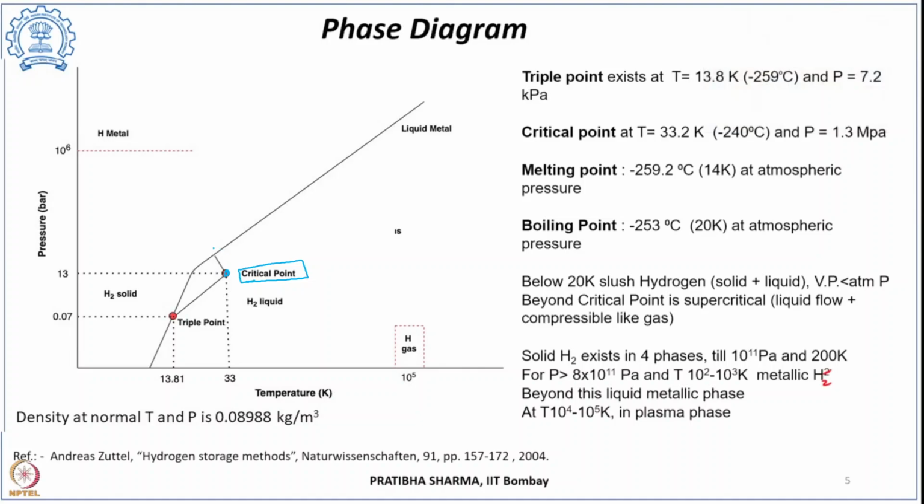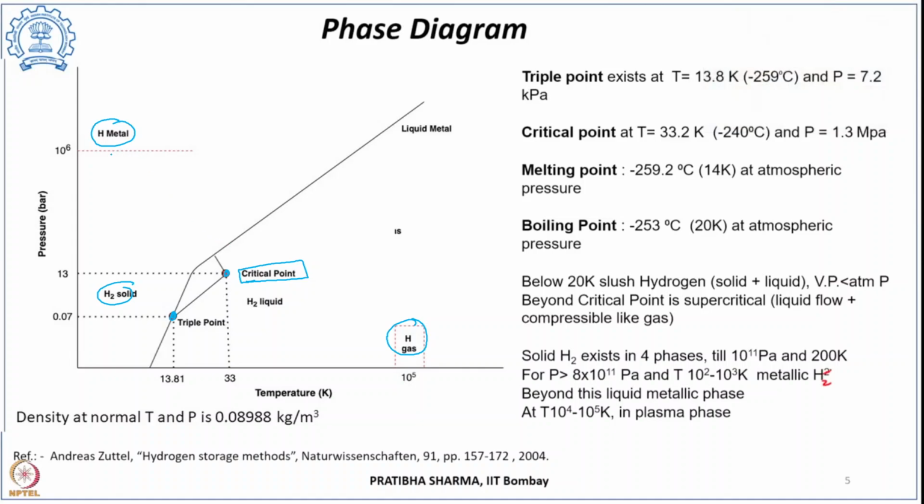Already I discussed the characteristics of the critical point and the triple point. But here you should know that there is metal hydrogen, solid hydrogen, and gas hydrogen.